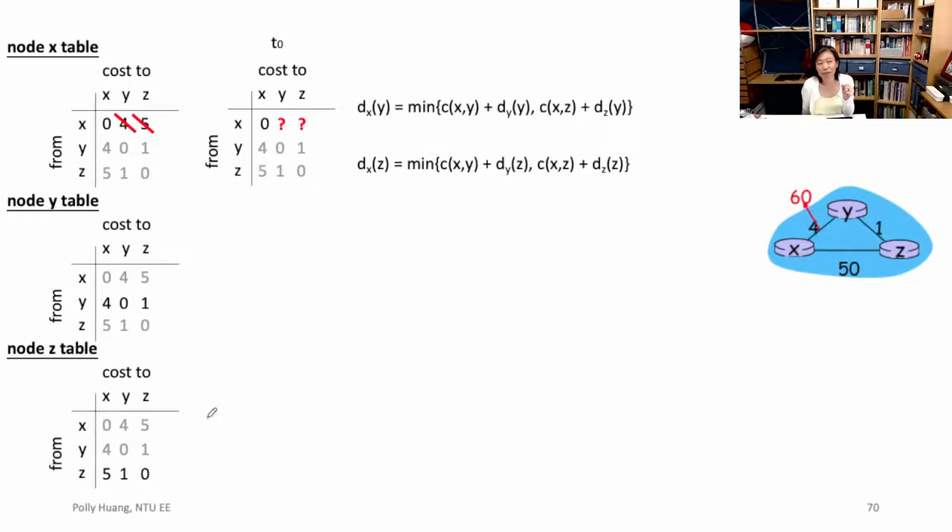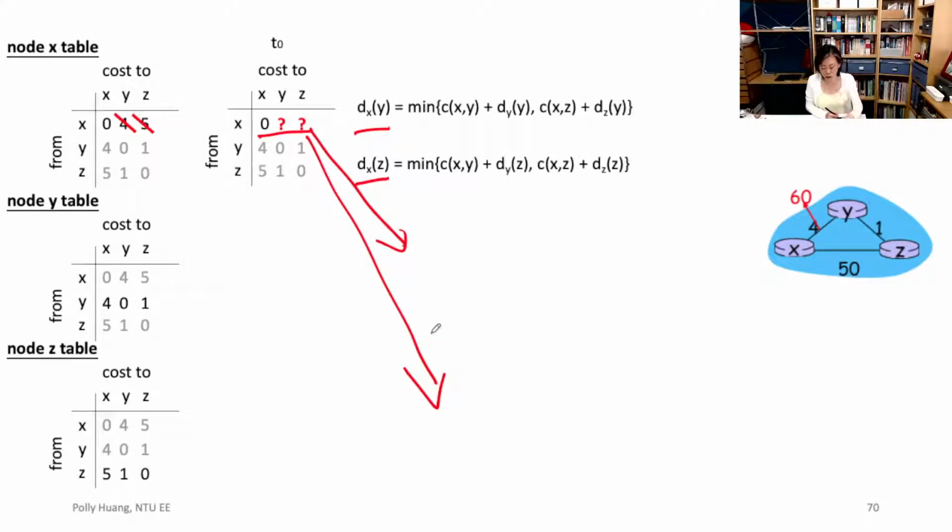Because if dxy and dxz here need to be changed, then this vector will need to be propagated to the neighbors. So this will then be the first iteration of new DV propagation.